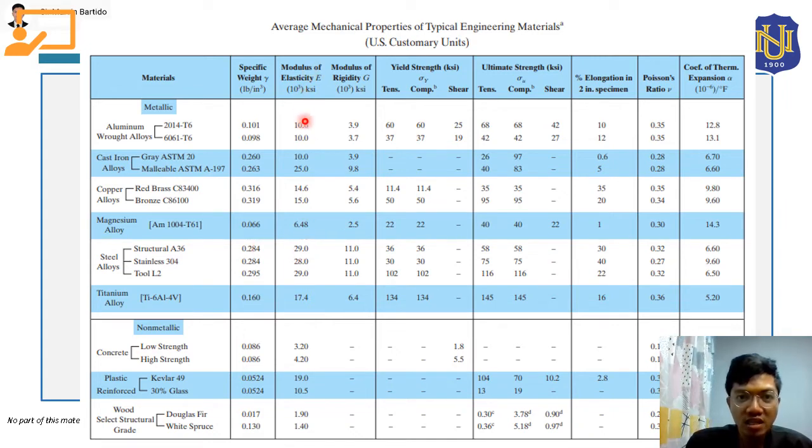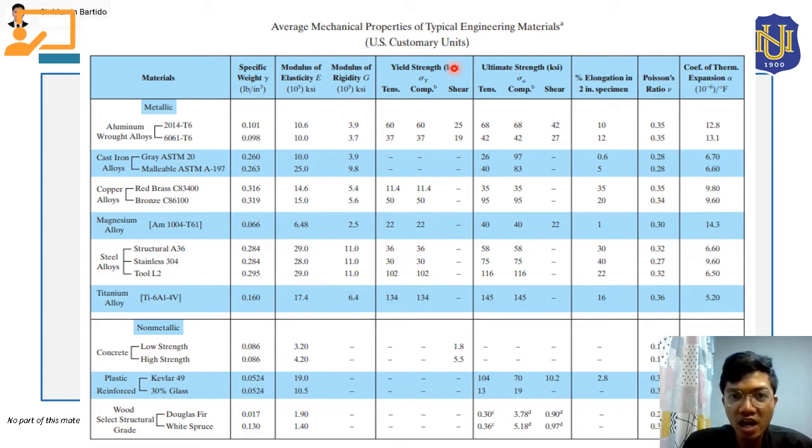This is 29 times 10 raised to 3 KSI. Its modulus of rigidity G is also indicated here, and that is 11 times 10 raised to 3 KSI. Its yield strength is also given here, for tension and compression.